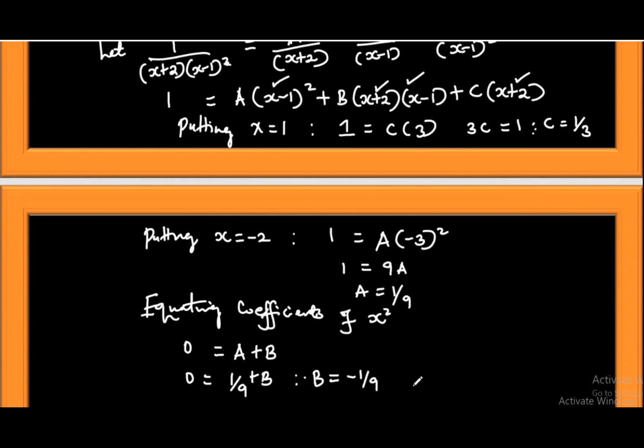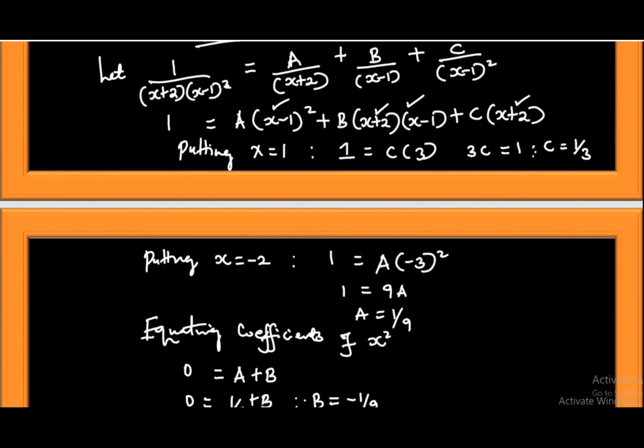-1/9. Now that we have got the values of a, b, and c, we simply go back and substitute at the very first step where we started from, this very step here.